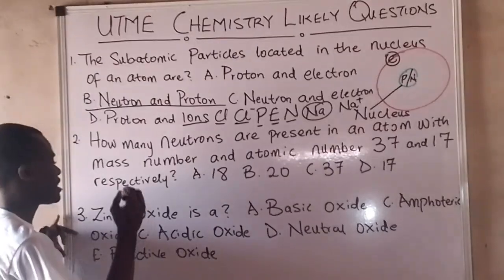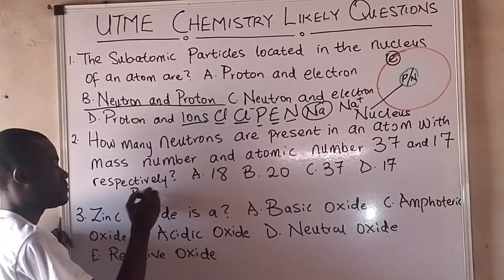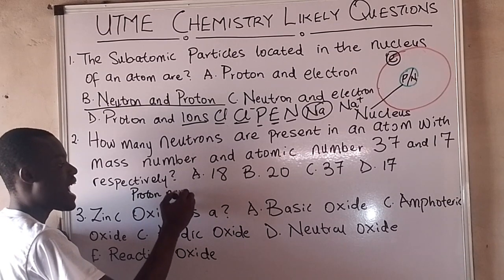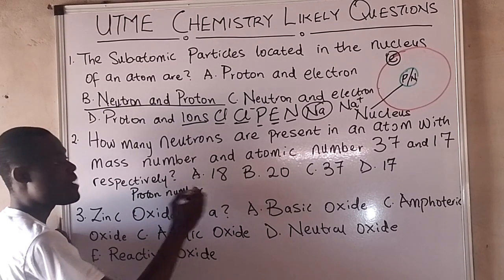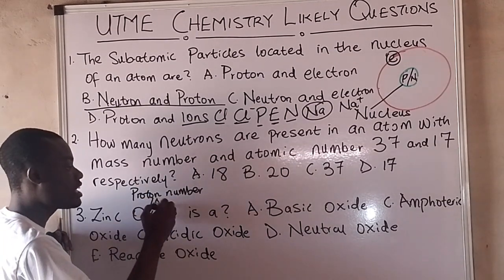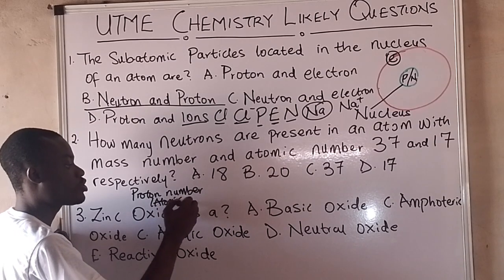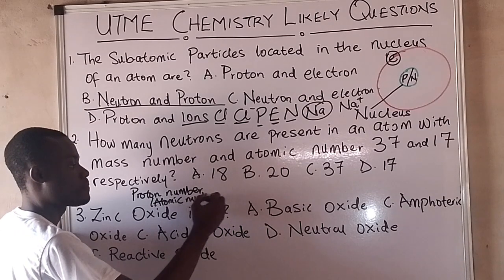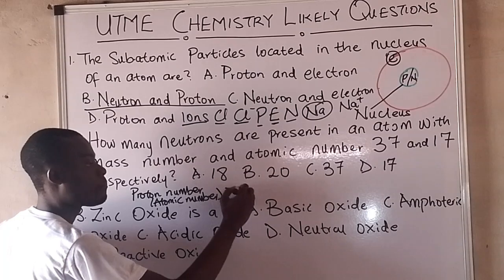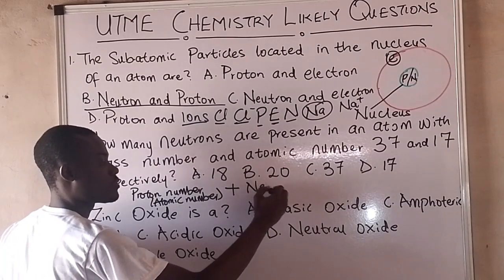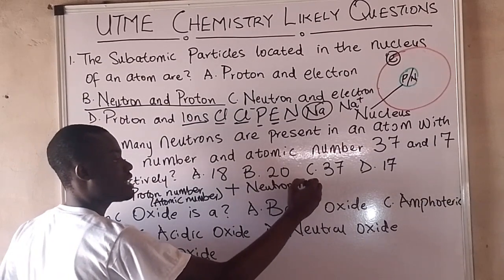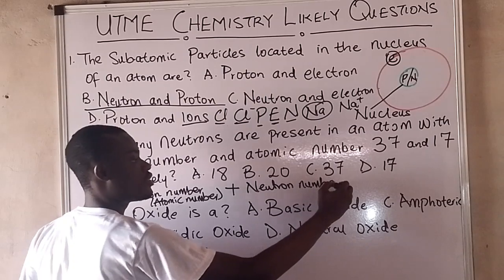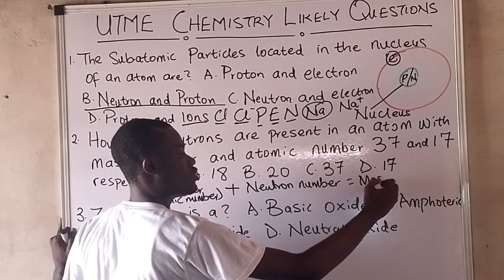So that means that the proton number, and you should know that the proton number is the same thing as the atomic number, plus the number of neutrons, the neutron number, will give us the mass number.